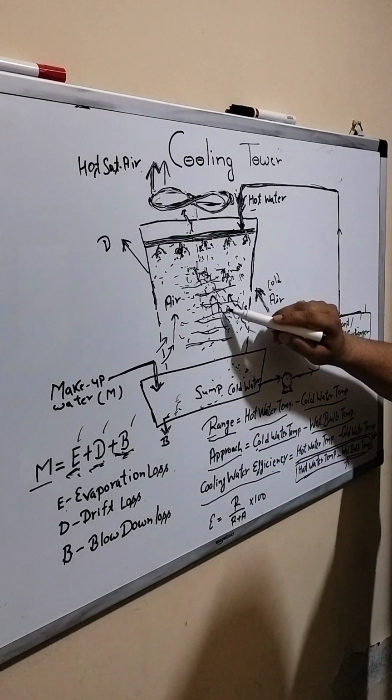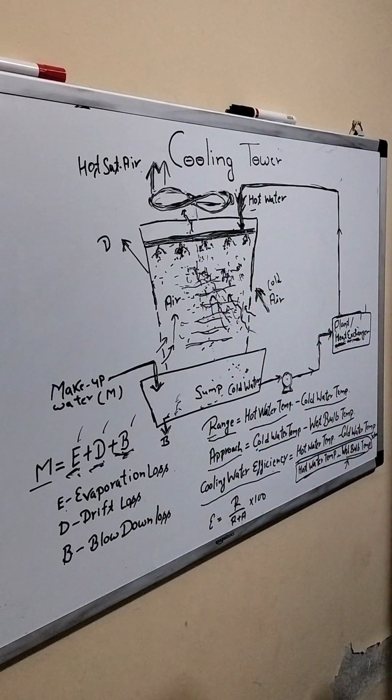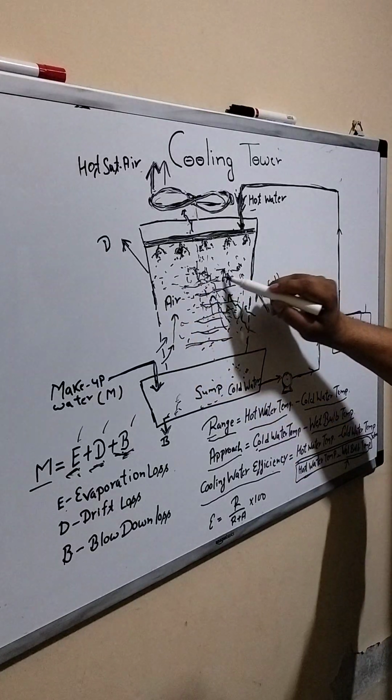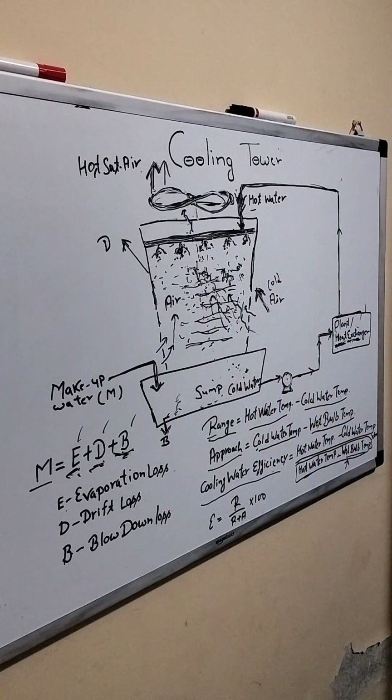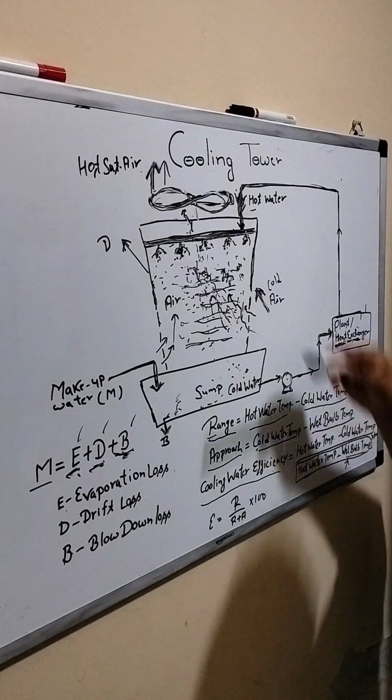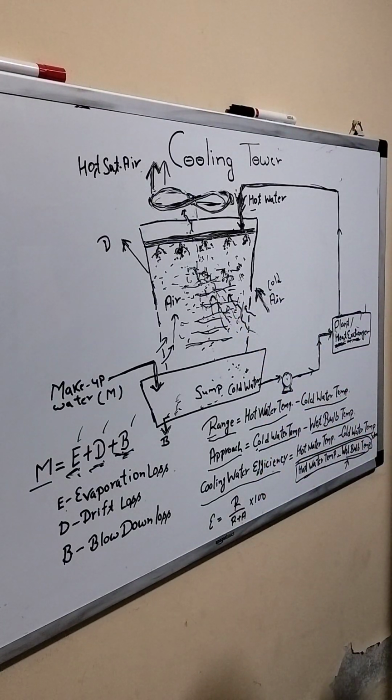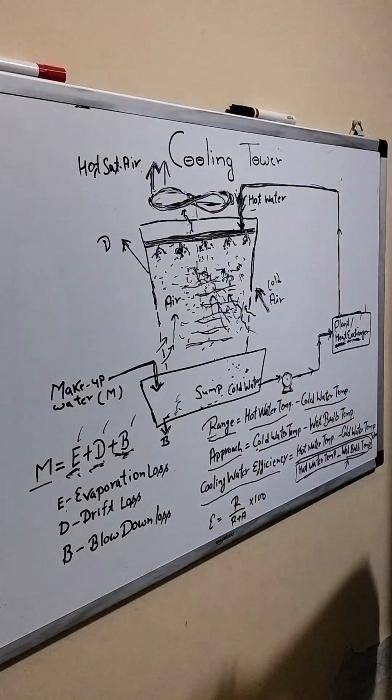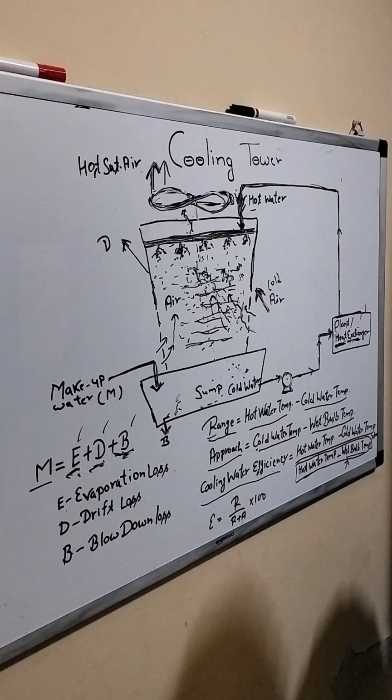To increase the time of contact and the surface area, we generally use packing. Packing comes in different materials. Some industries use PVC material, and some also use wood and others.